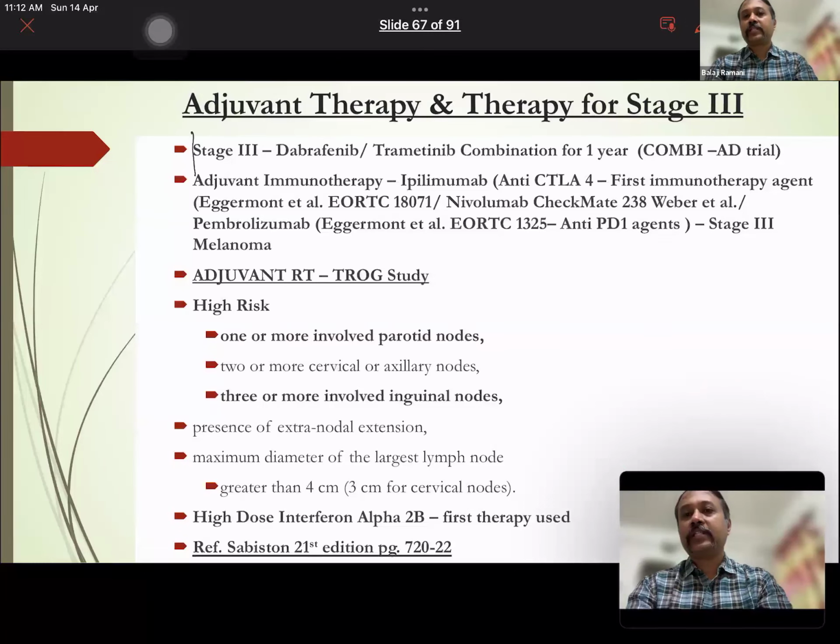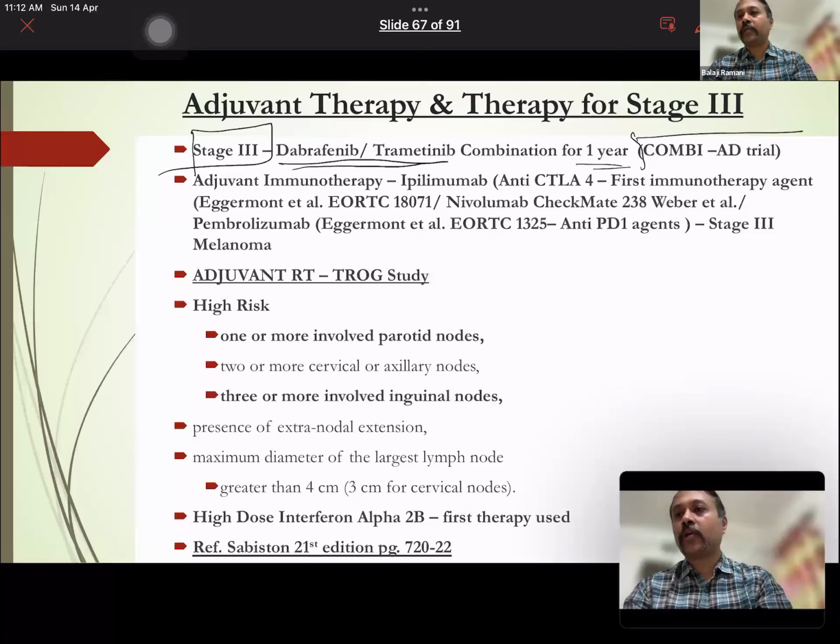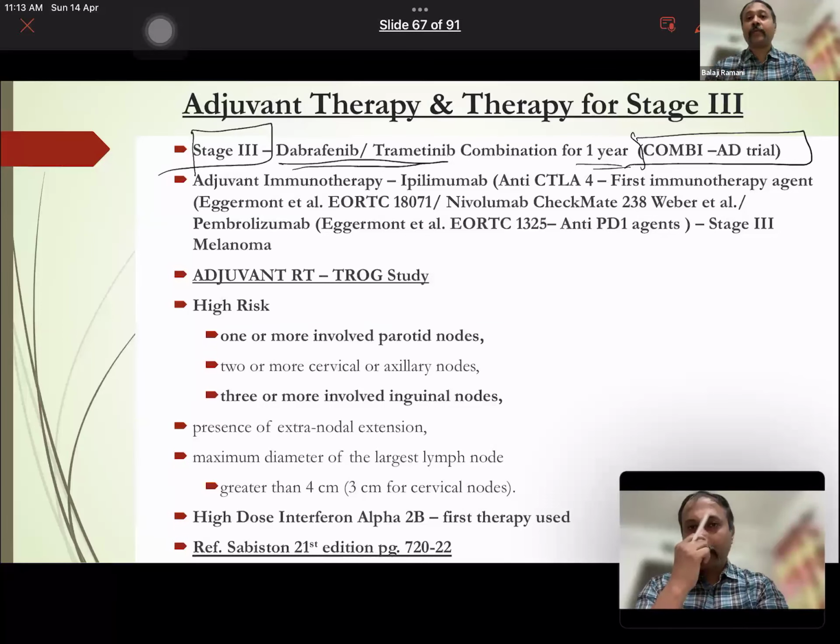Now, in stage 3 disease, as I already said, the combination of BRAF and MEK inhibitors, like the dabrafenib and trametinib combination, is given for 1 year. This is based on the COMBI-AD trial. Other than that, you also have adjuvant immunotherapy which can be given.